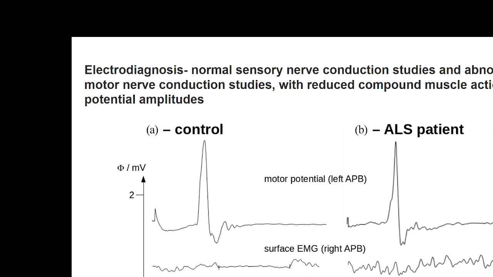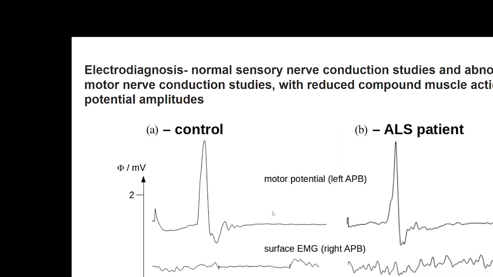Electrodiagnosis, that is EMG, is one of the dependable diagnostic methods, but again it's not confirmatory. The sensitivity of the test is relatively low, and moreover the changes seen in the electromyography study are comparatively very little.